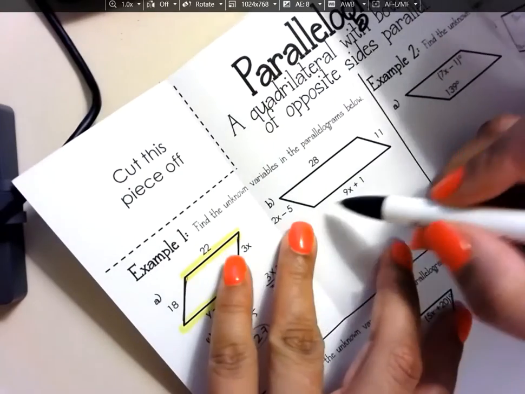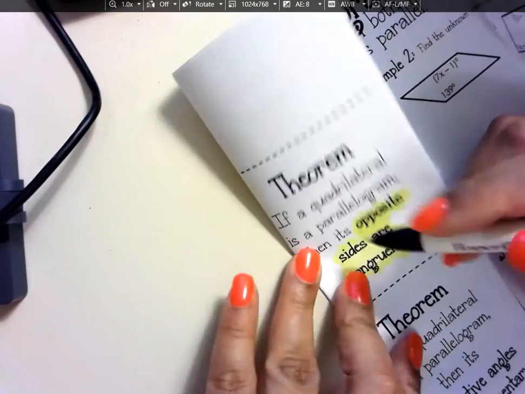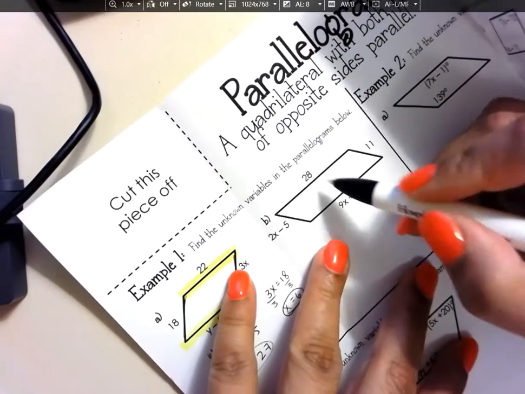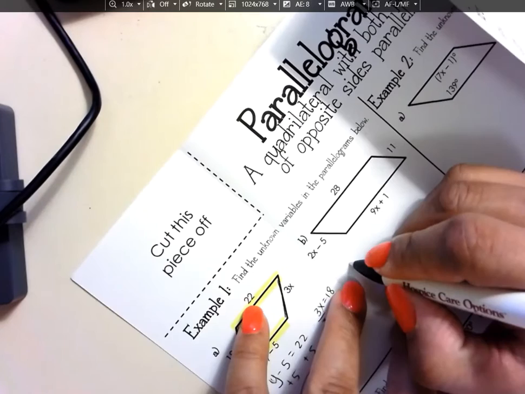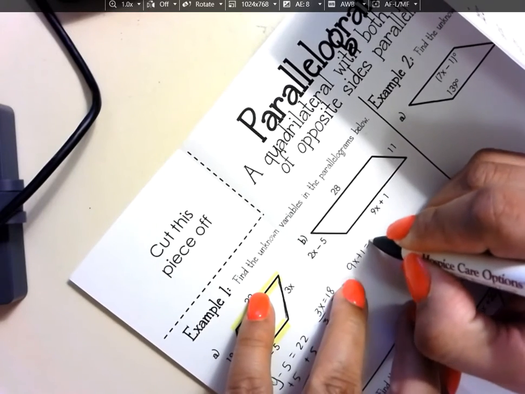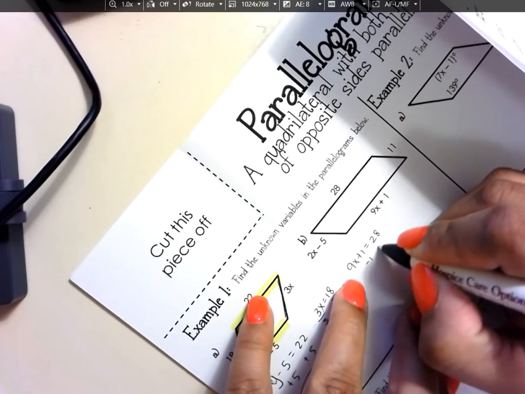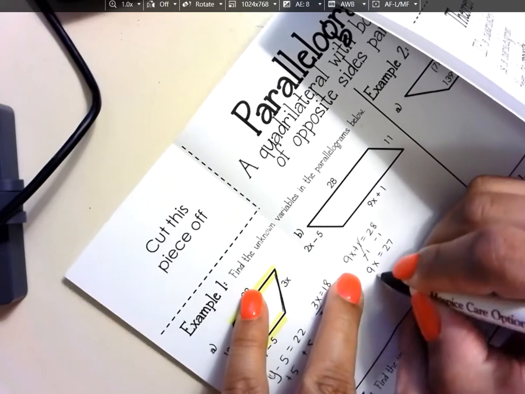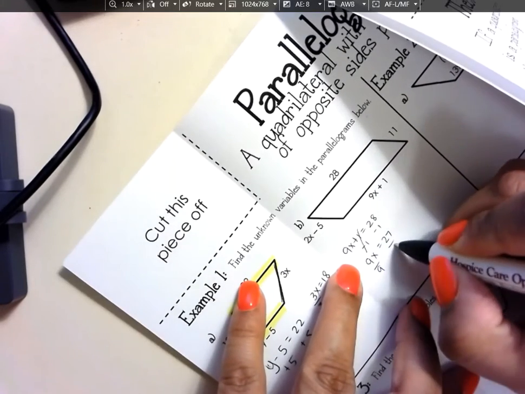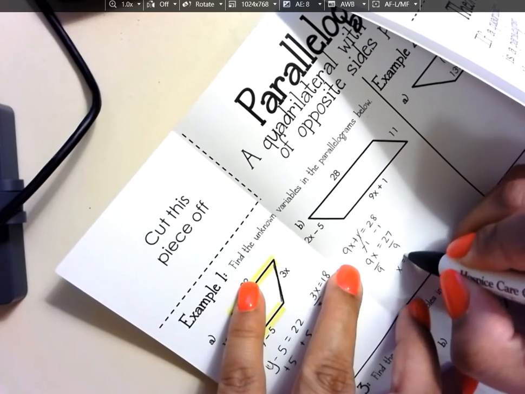Let's do it again. Opposite sides are congruent. The 28 and the 9x plus 1 are opposite sides. So 9x plus 1 equals 28. Subtract 1. 9x equals 27. Divide by 9, x equals 3.